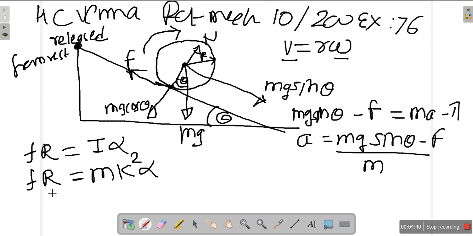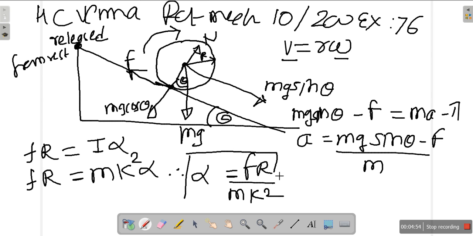So you get F into R is equal to m k square into alpha, and that gives you alpha as F into R upon m k square. So this is alpha and this is a.